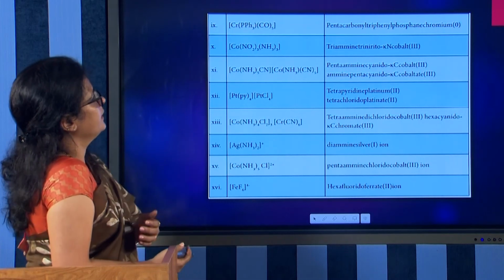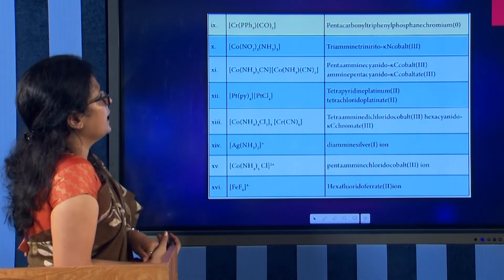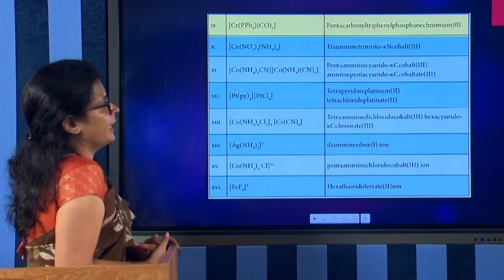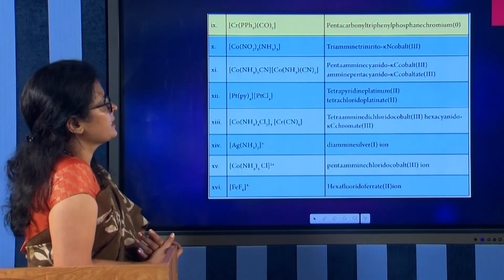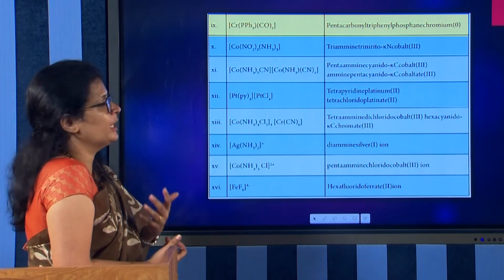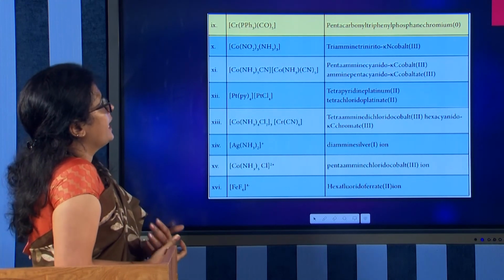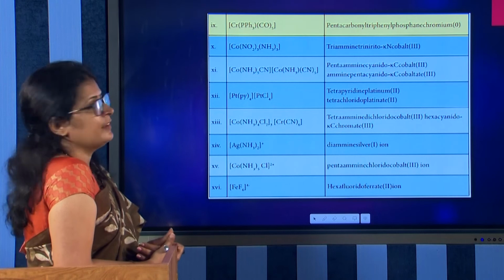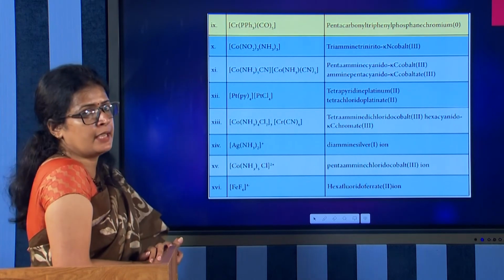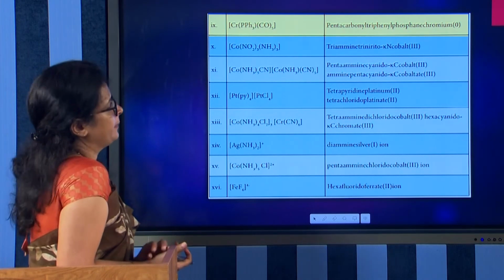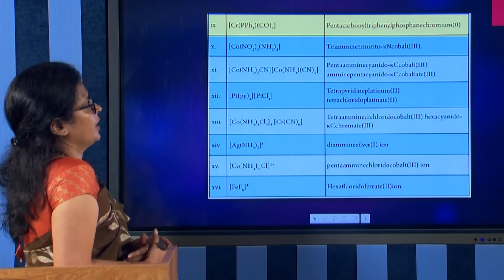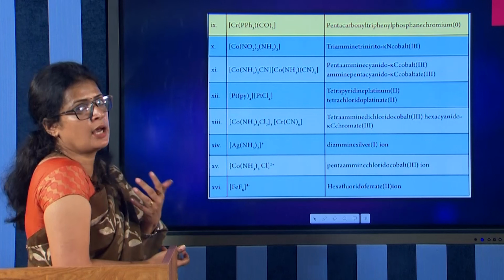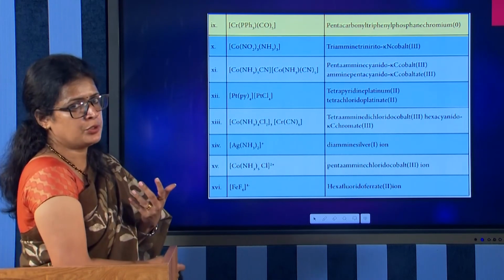And now another example, Cr(PPh3)3(CO)5. Again this is a neutral complex, that is it is not having any charge. So, the ligands are PPh3 thrice, triphenyl phosphine ligand, and CO means carbonyl ligand, and between triphenyl phosphine and carbonyl, carbonyl should be named first.